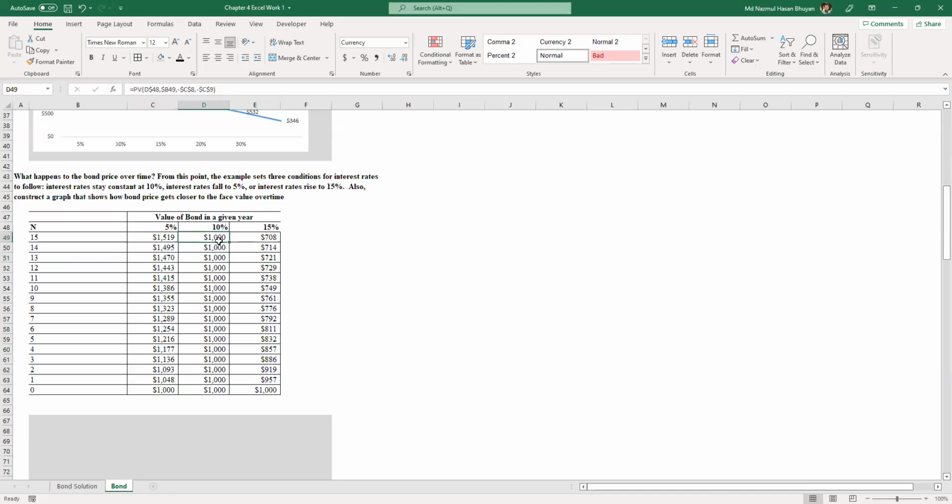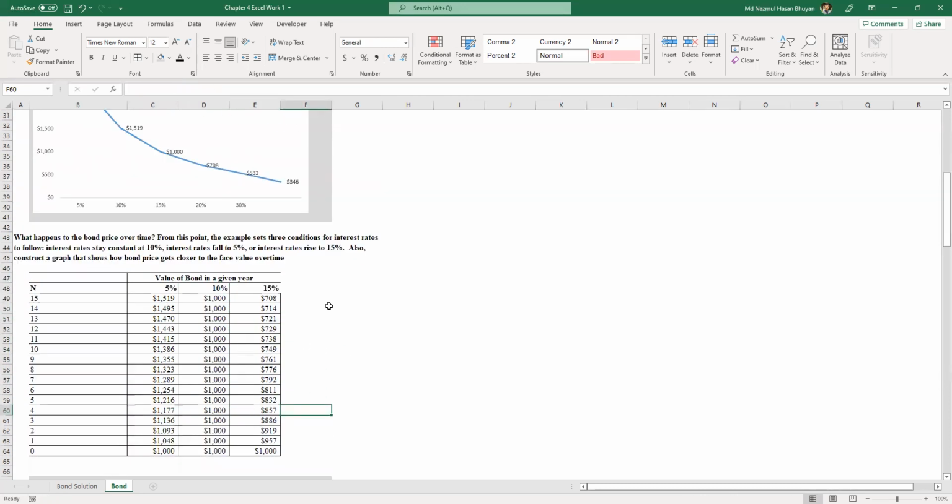Then the market price of the par value bond remains as it is as the bond moves to its maturity year. And then for discount bond, the market price of the bond actually increases to the face value of the bond as the bond approaches its maturity year. So it is proven from this particular mathematical problem.